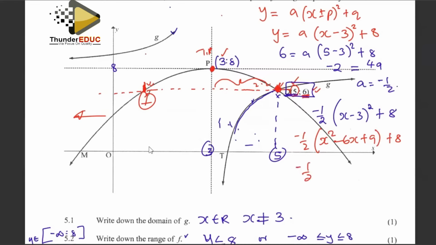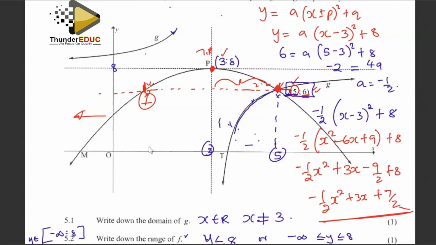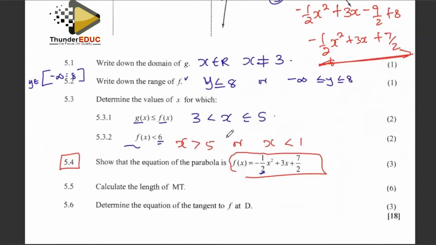So it's negative a half x squared, negative a half and negative 6, I'll get a positive 3x. And negative a half times 9 is negative 9 over 2, plus 8. Simplify this. Negative 9 over 2, we are adding 8, we get a positive 7 over 2. So that is how I would have gone about that question.